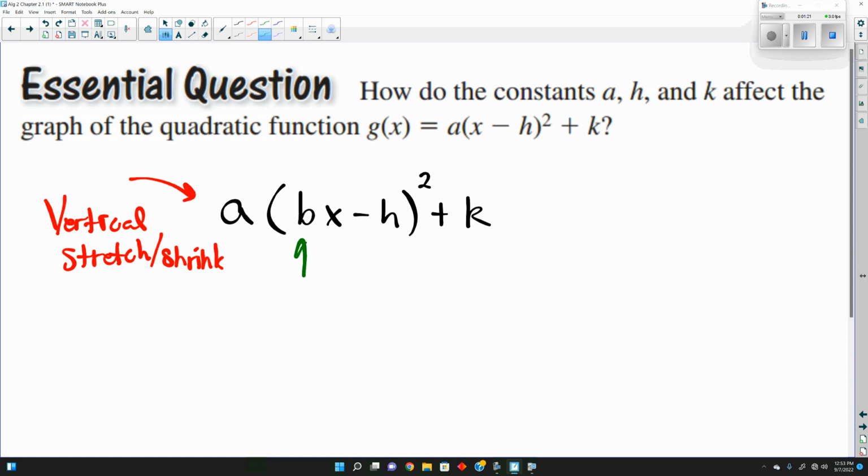B here is really, we're talking about horizontal stretch or shrink. And when we look at this one here, it's going to apply just like with left and right. Because when we talk about the left and right, the value of H is always the opposite of what we think.